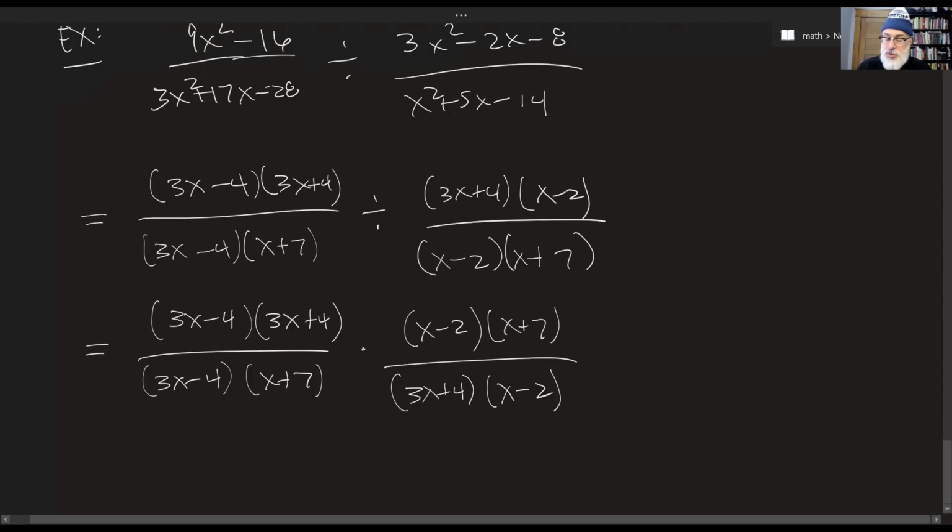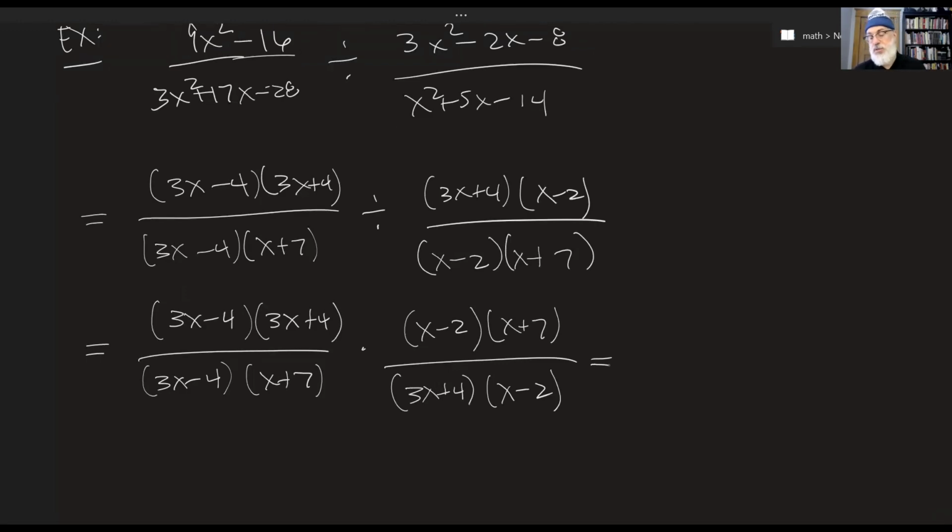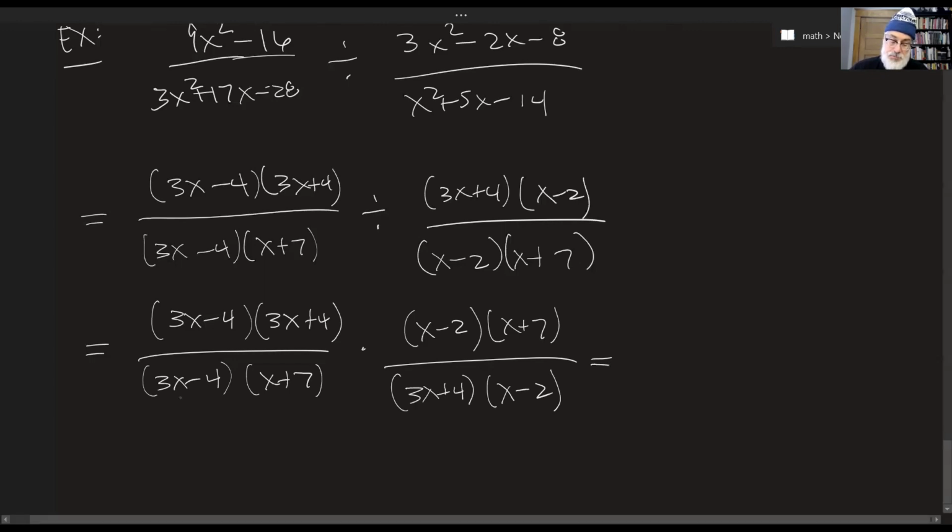So again, the order in which you do this, there isn't an order of operations on reciprocal multiplication and factoring necessarily, so you can do whichever one you want first. I'm going to now cancel some stuff. You're going to see something amazing happen.